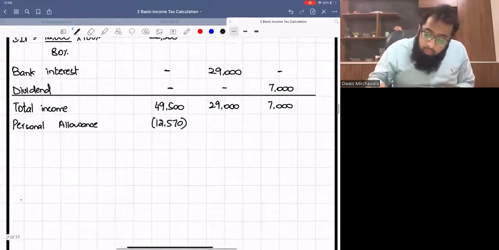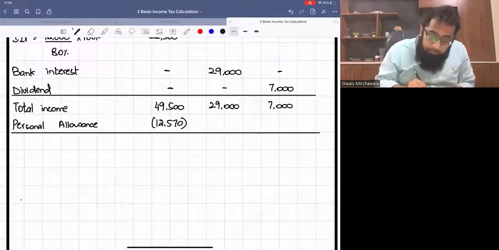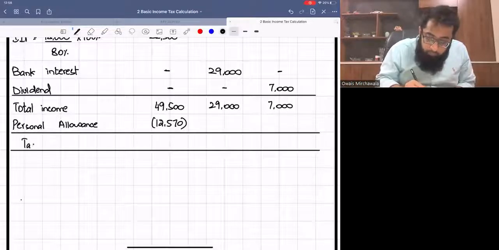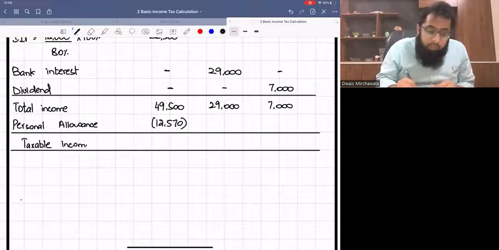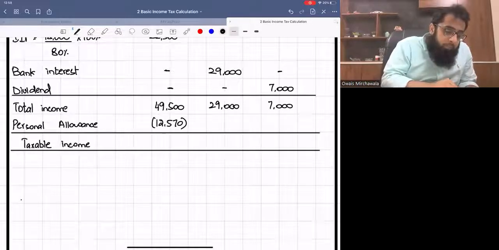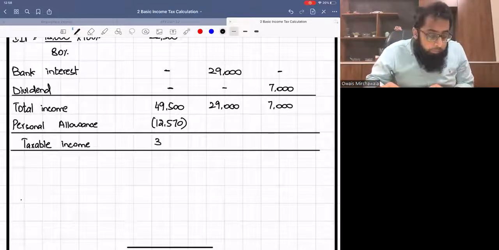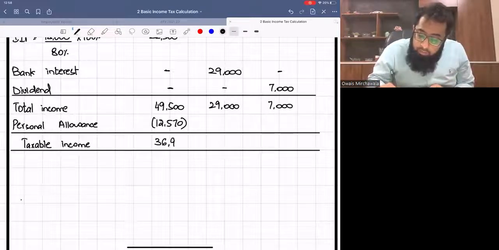This gives us the value of taxable income. 49,500 minus 12570, 36,930.